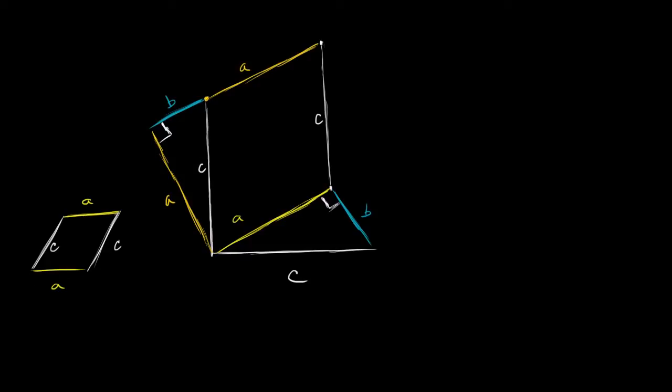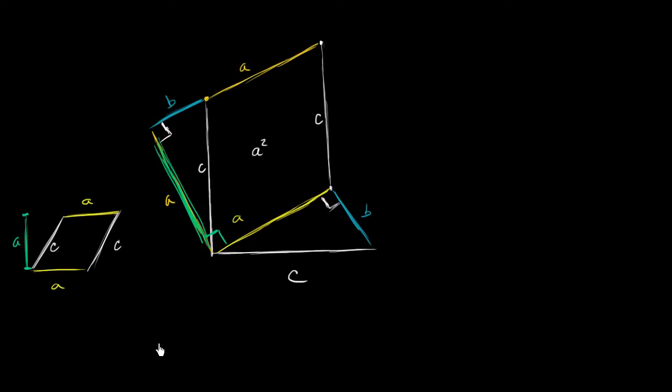The height of the parallelogram is given right over here. This side is perpendicular to the base. So the height of the parallelogram is A as well. So what's the area? Well, the area of a parallelogram is just the base times the height. So the area of this parallelogram is going to be A squared.